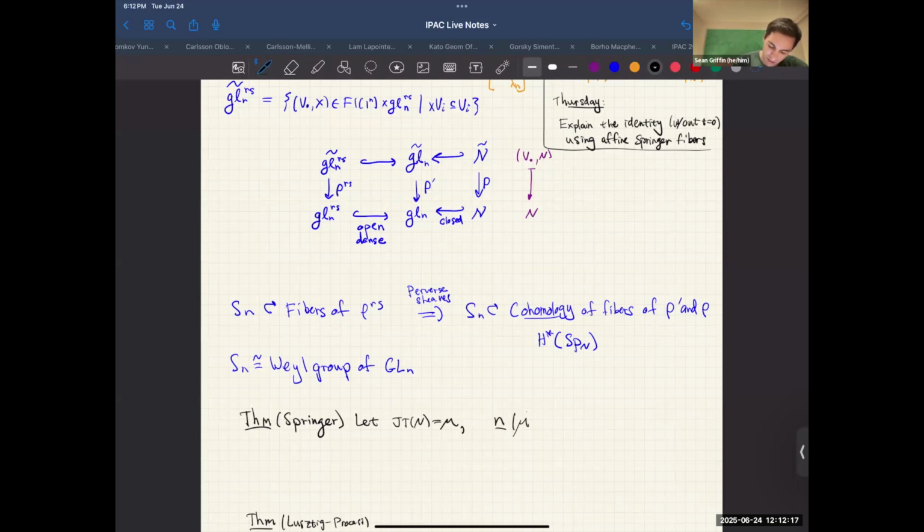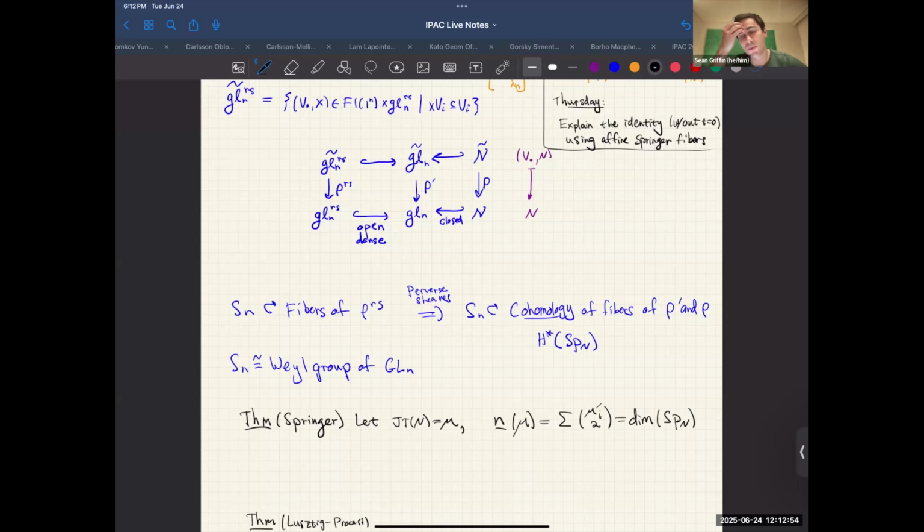I'll use this notation n of mu to mean the sum of the binomial coefficients, where you take the conjugate partition and sum up these binomial coefficients. And it turns out that this is the dimension of the Springer fiber corresponding to mu.